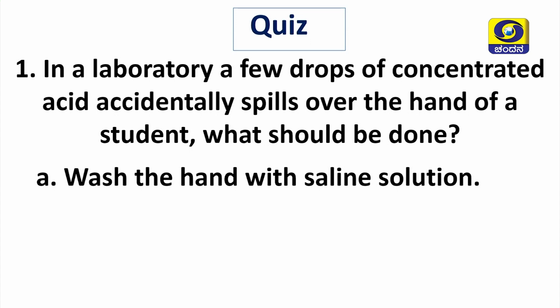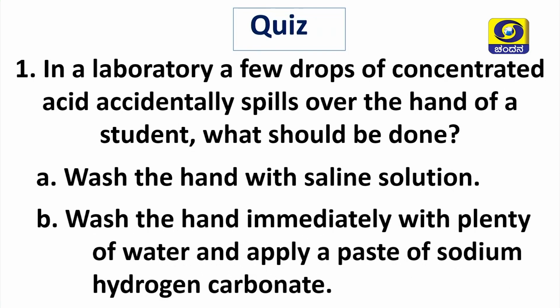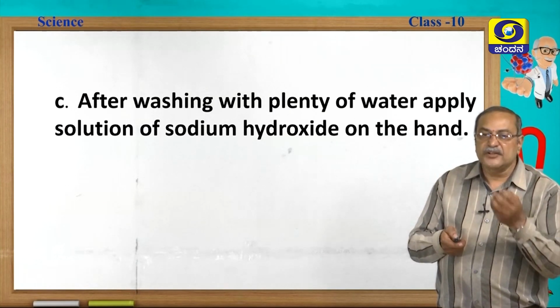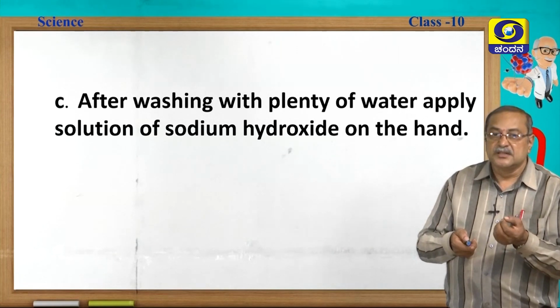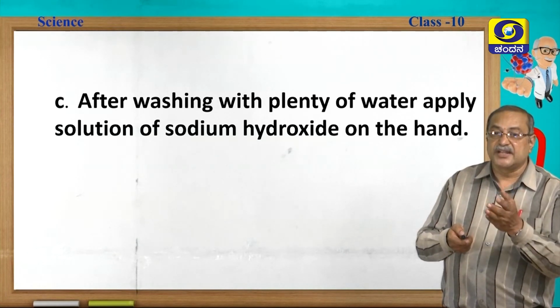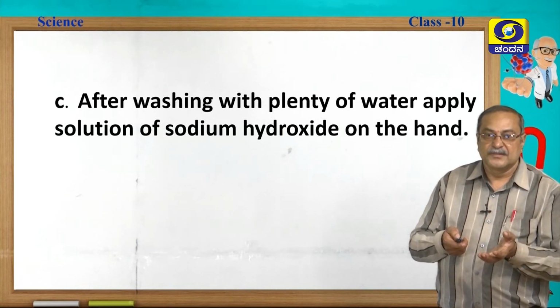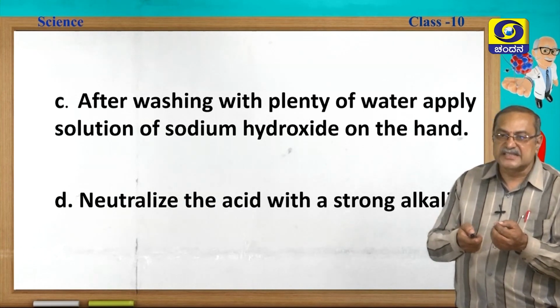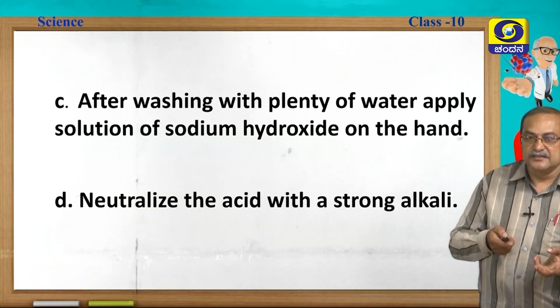Second option, wash the hand immediately with plenty of water and apply a paste of sodium hydrogen carbonate, that is baking soda. Third option, after washing with plenty of water, apply a solution of sodium hydroxide on the hand. Last option, neutralize the acid with a strong alkali.